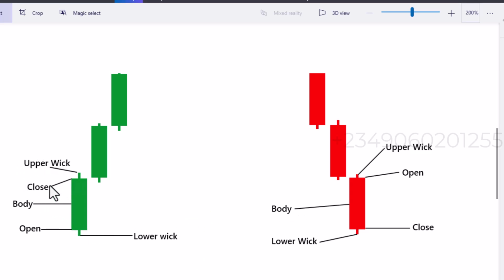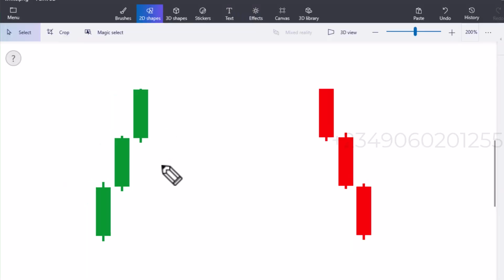If you're unable to understand wicks, close, opening, and body, you will find it difficult to understand what this FVG fair value gap trading strategy concept is all about. Check the links in the description of this video. I have a link directing to reading candlesticks for beginners in trading.